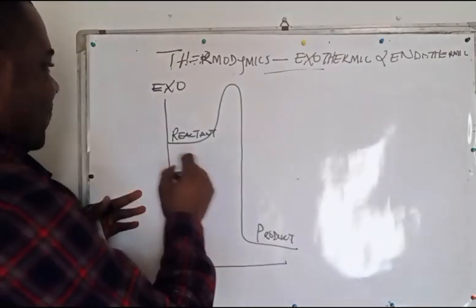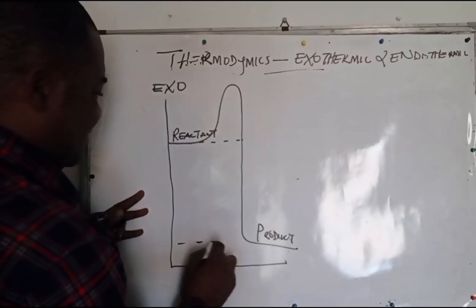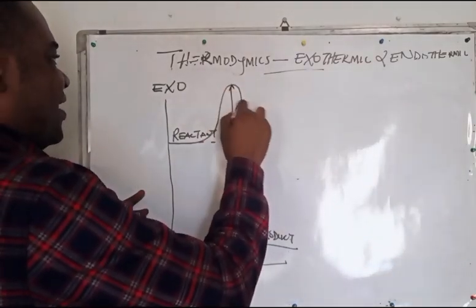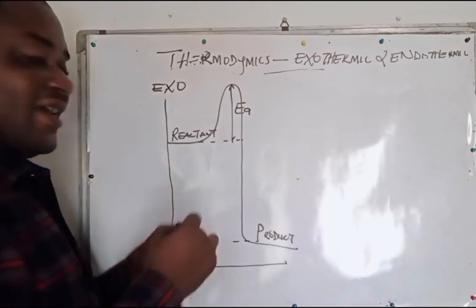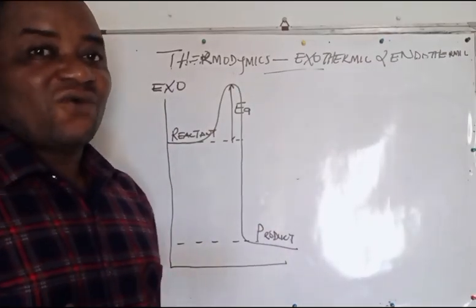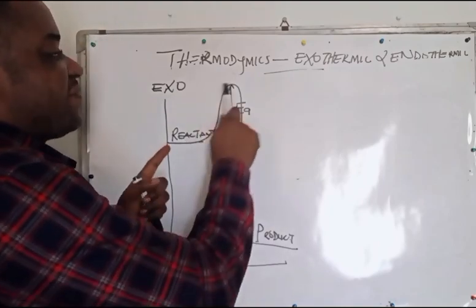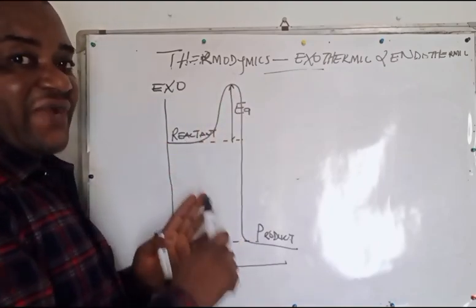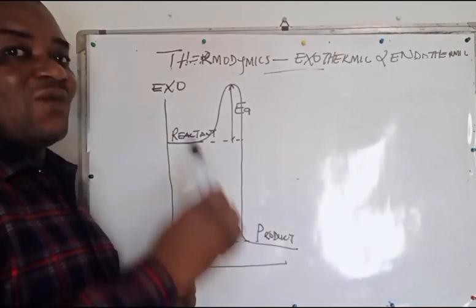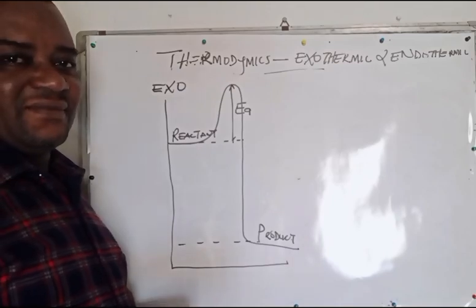And then when we take a dotted line to this point and another dotted line at this point, from here to here is your activation energy. That is an energy barrier required to be minimized or removed, if possible, to allow a chemical reaction to take place very freely and fast. We had discussed this earlier in one of our lectures on activation energy.